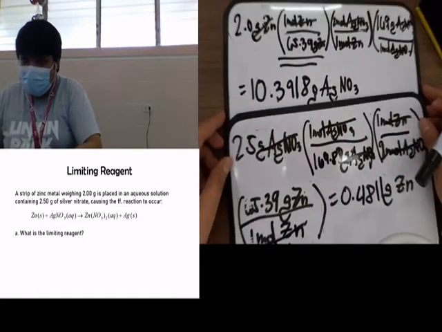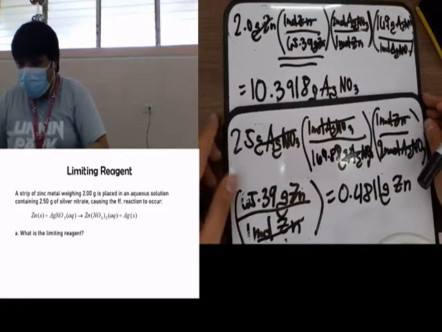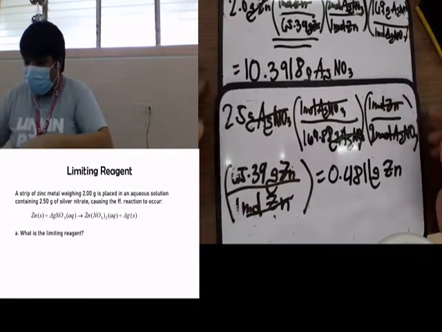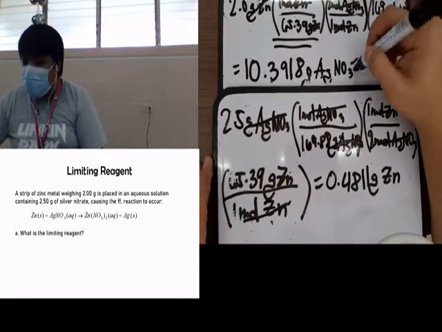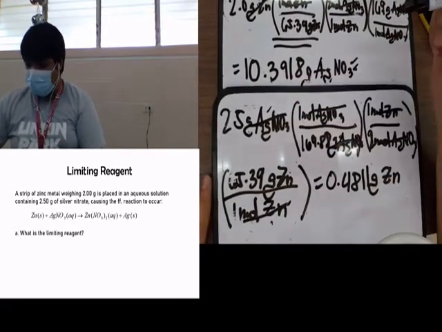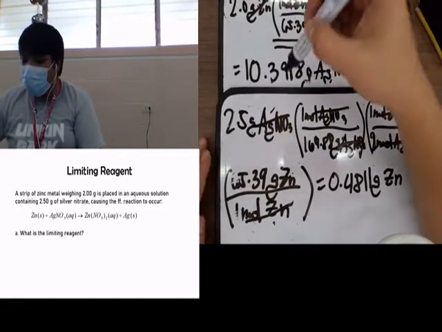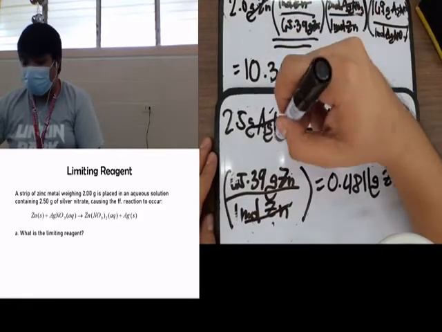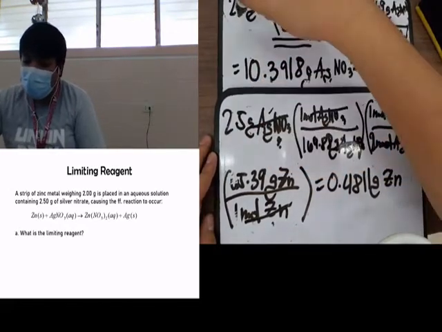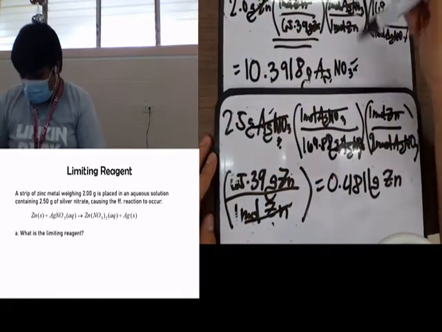Now, comparing the two values that we have obtained here, and from our given, this amount is greater than the given 2.5 grams of silver nitrate. Okay, so that means you would need more than 2.5 grams of silver nitrate, which is indicated in our problem, to consume all of the 2 grams of zinc.